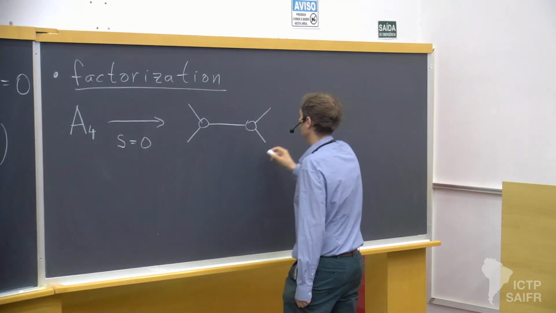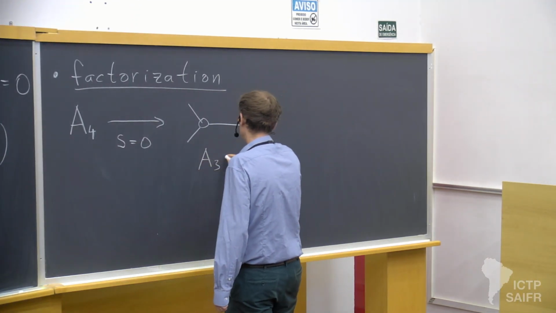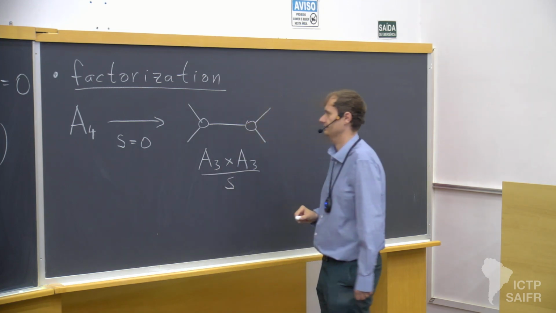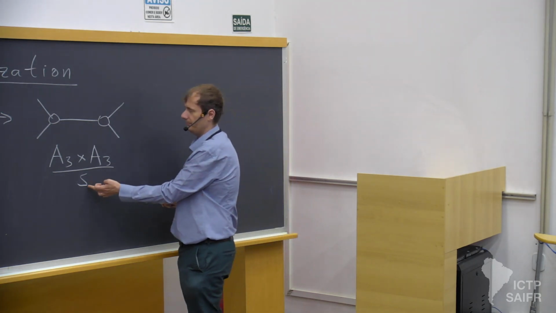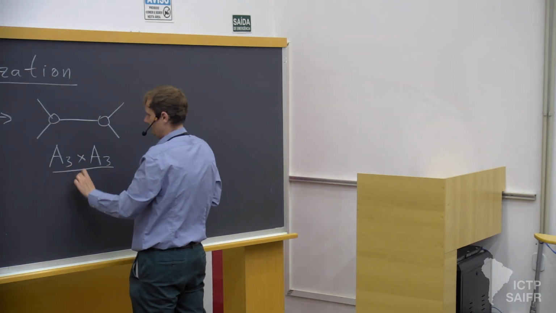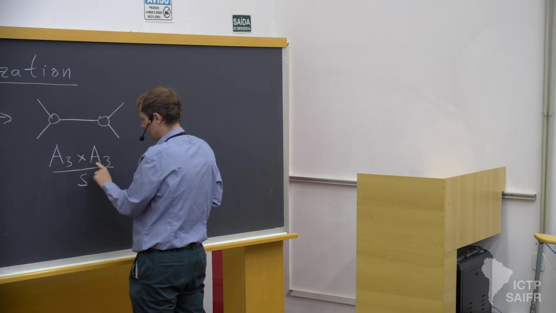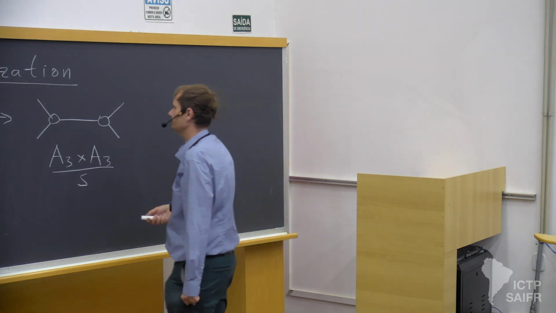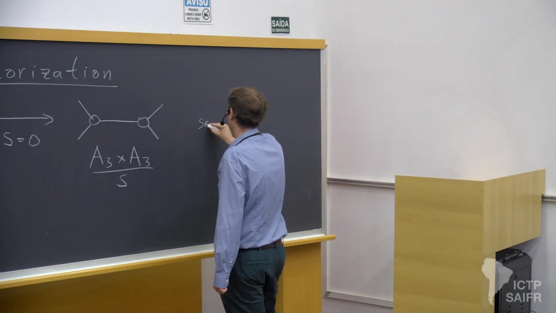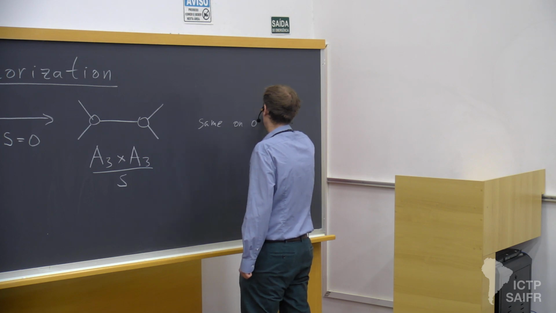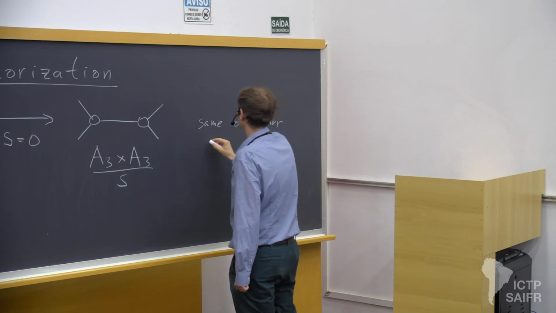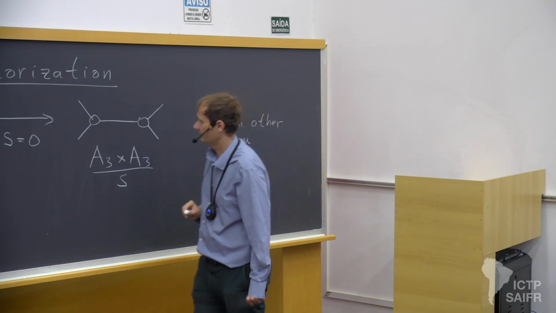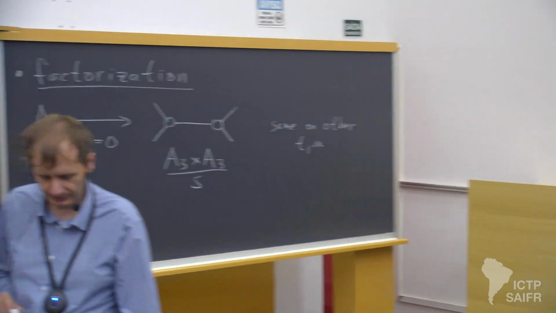So it must be equal to A3 times A3, this is just schematic. We will make it more precise. Over S. Yeah, it blows up. There is a pole in S. It blows up, and the residue is the factorization into two 3-point amplitudes. And similar on other channels too. Okay, so this is schematically the statement about factorization.